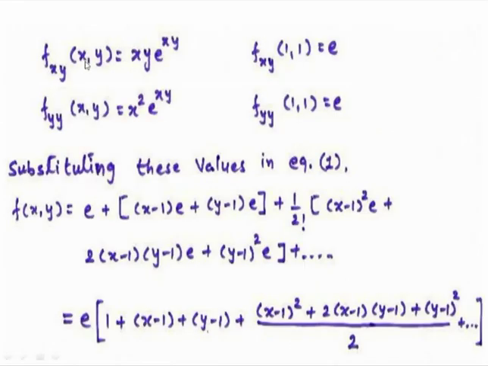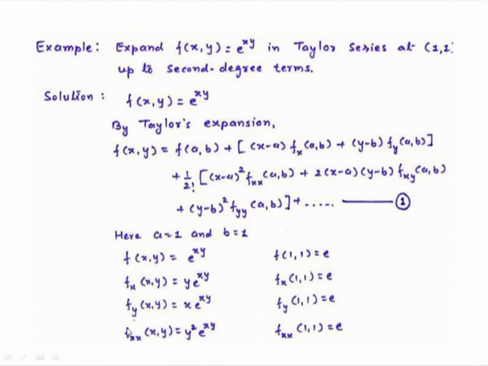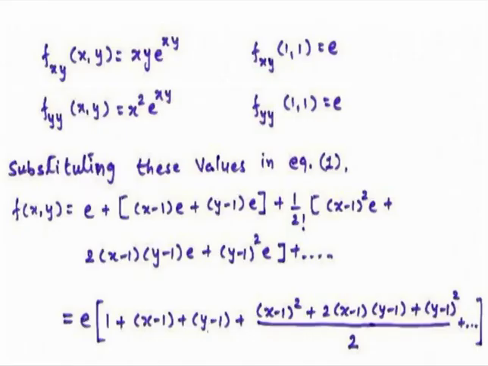Now we find partial derivative of f with respect to y first and then x. So it is calculated as xy e raised to xy, very clear from this. See, we have this fy and we are differentiating it with respect to x. So fxy at the point 1, 1 is equal to e.